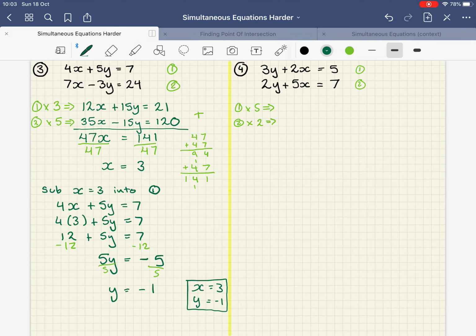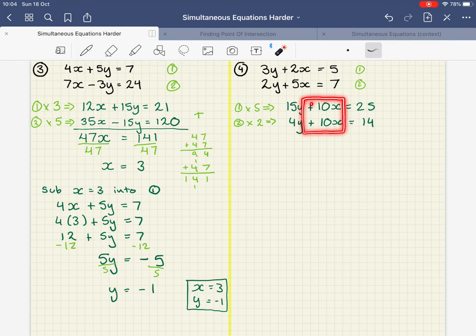So 3y times 5, that is going to give me 15y. And then 2x times 5, that's going to give me 10x. Then 5 times 5 is 25. And then the next one, 2y times 2 is going to give me 4y. And I'll have that 10x equals 14. Look at my centers.